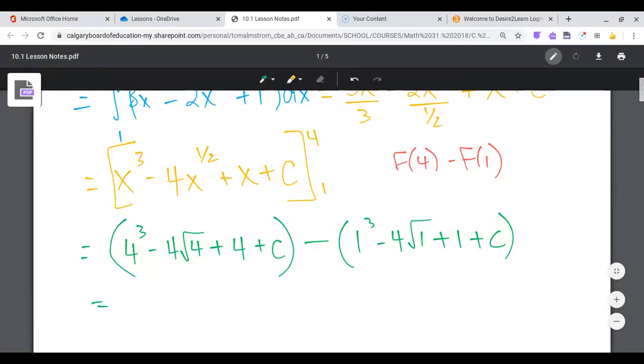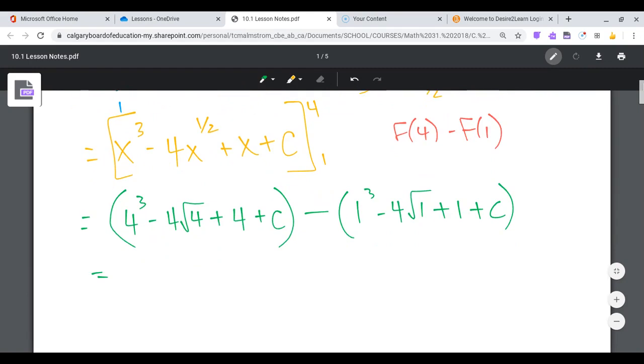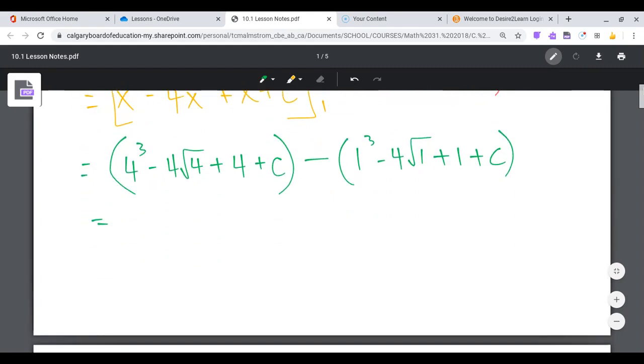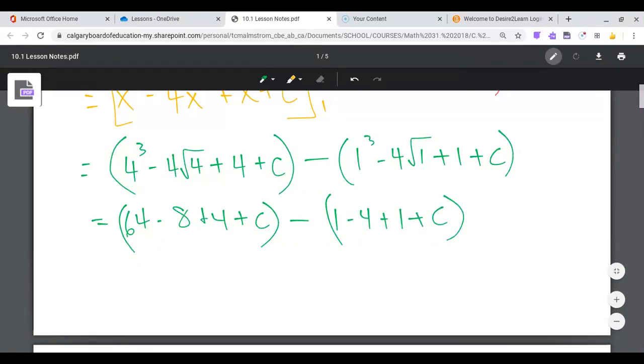Okay, so what do we have here? We have 4 cubed, which is 64. Mental math day, minus 4 times square root of 4, 8, plus 4 plus c, and then minus 1 minus 4 plus 1 plus c. So you've probably punched this all into your calculator, and we've got 60 plus c minus, we've got a negative 2 there.